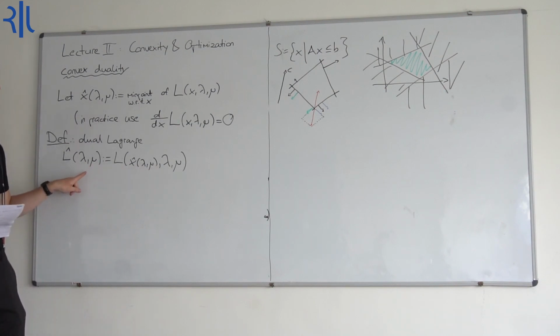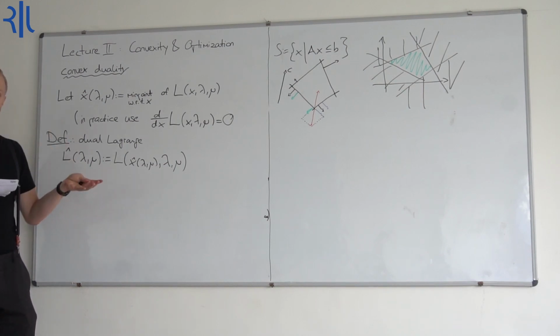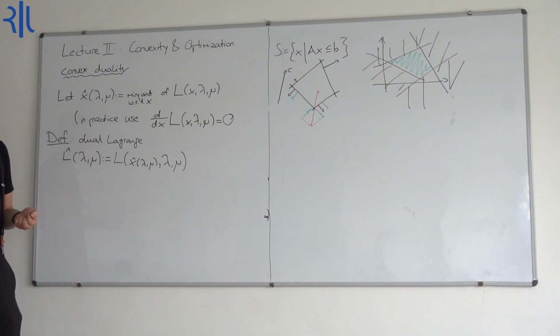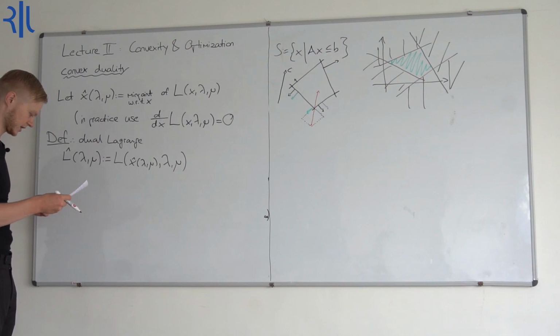So basically we eliminated our variable x here. And now this function only depends on the multipliers, the so-called Lagrange multipliers, lambda and mu.